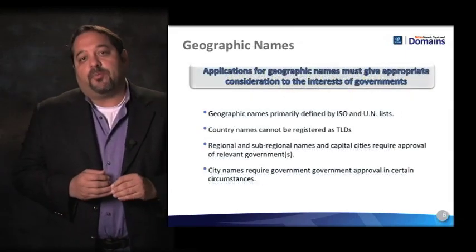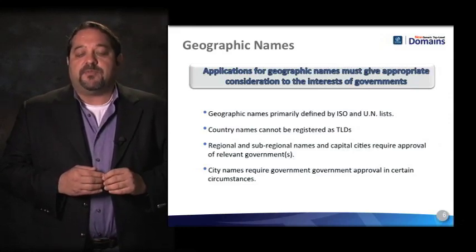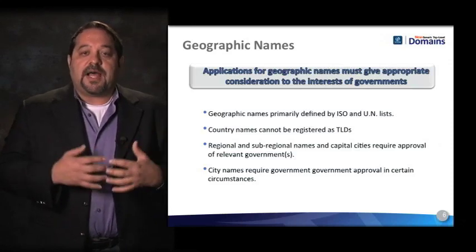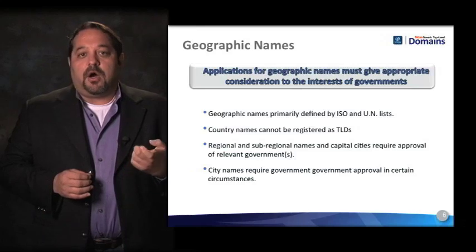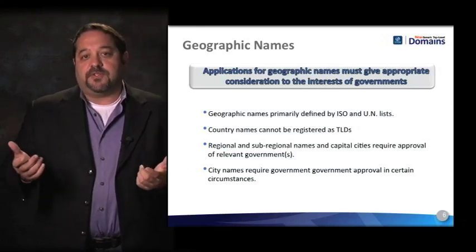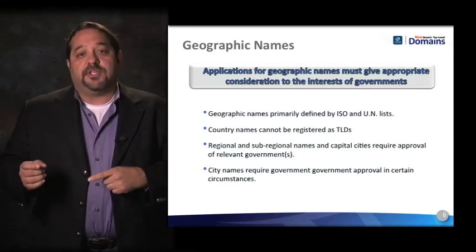So we must give appropriate consideration to the interest of governments. Geographic names is one of those considerations, and what it does is allow the protection of certain names. Names that are on ISO lists, ISO 3166-1 or ISO 3166-2, or some of the UN lists will be considered geographic names.